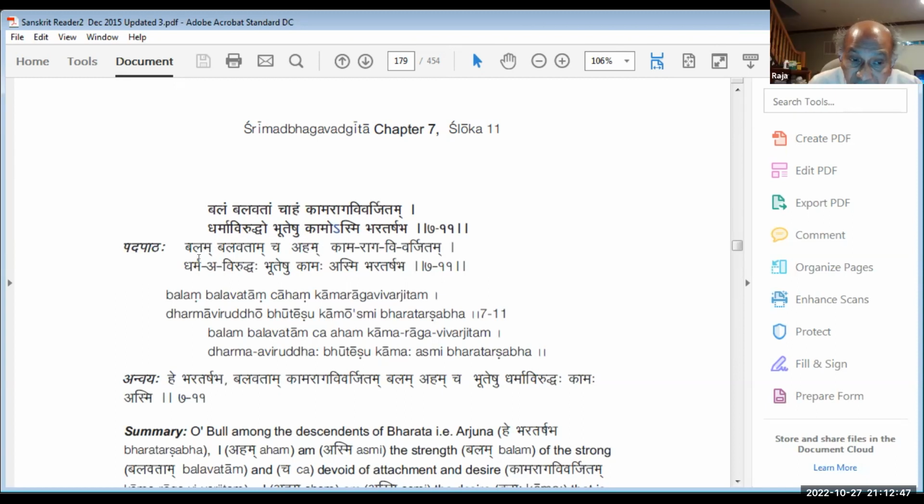You can say that, but the issue is this a has to be very clear. This is a short a preceded by viruddha, the opposite of viruddha, negation. That's why the word is aviruddha. But we say dharma aviruddho bhuteshu kamosmi bharatarshava.